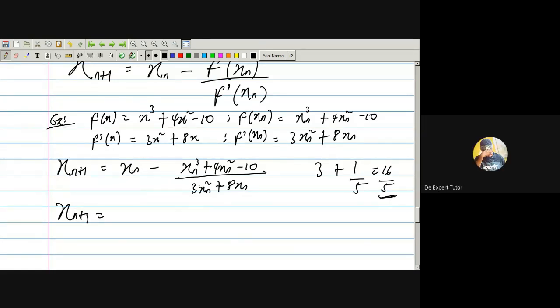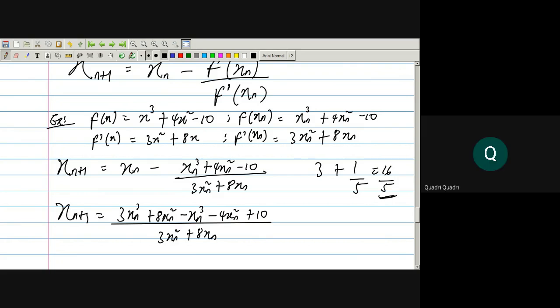So same thing, I'll do this one. This times this, that will be 3xn cubed plus 8xn squared, then minus the whole of this, so minus xn cubed minus 4xn squared plus 10, divided by 3xn squared plus 8xn.